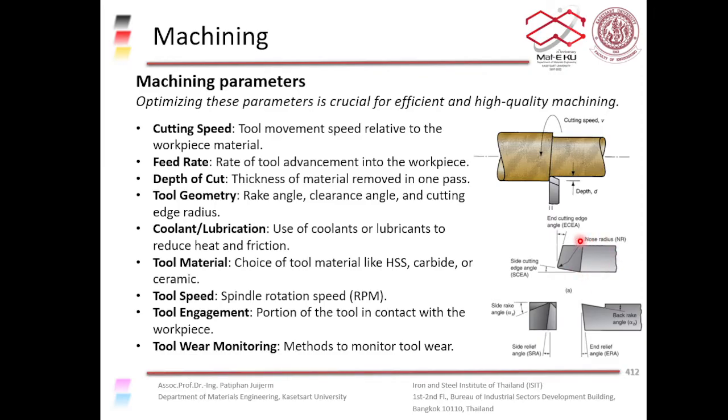Like you can see all these different cutting tool geometries: you have different nose radius, nose angle, edge relief, etc. The amount and type of coolant or lubricant used to reduce heat and friction is something to be considered as well, because a good coolant for one type of metal might not be good for another type of metal. It might be corrosive to another type of metal, for example.